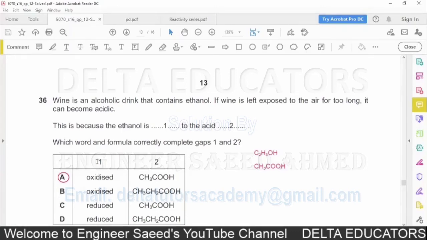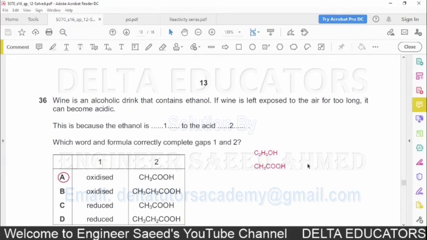In the options, in the first column it is given for options A and B oxidize, for C and D it is given reduce. Here ethanol is either oxidizing or it is reducing to acid. First we check the formula for ethanol and ethanoic acid. For ethanol the formula is C2H5OH and for ethanoic acid it is CH3COOH.